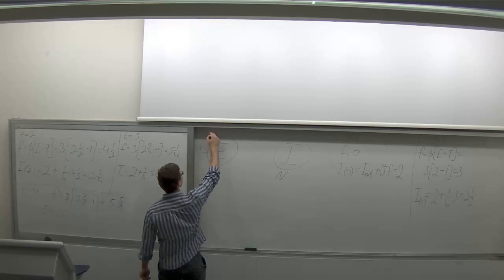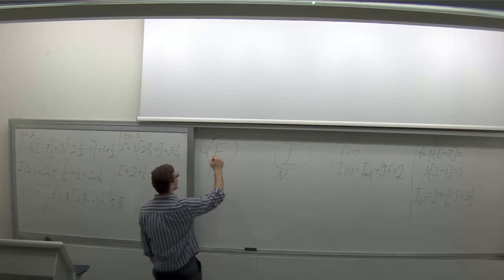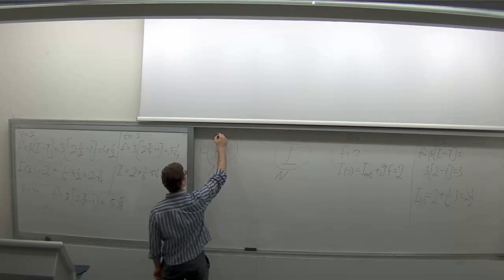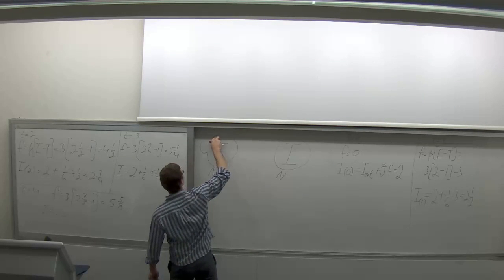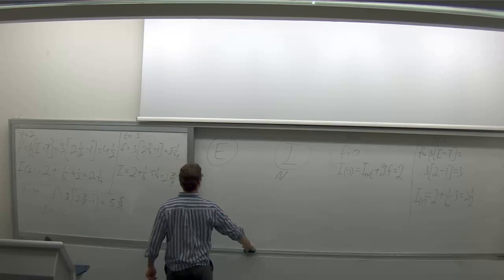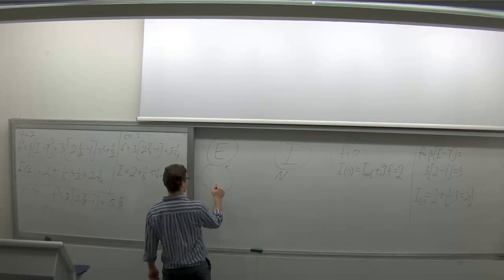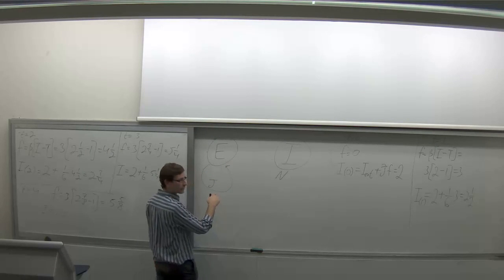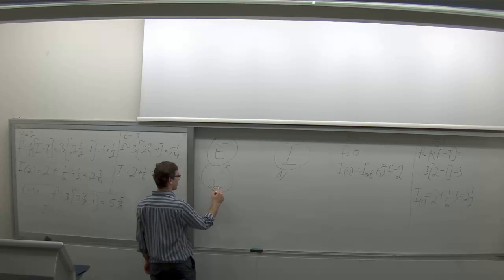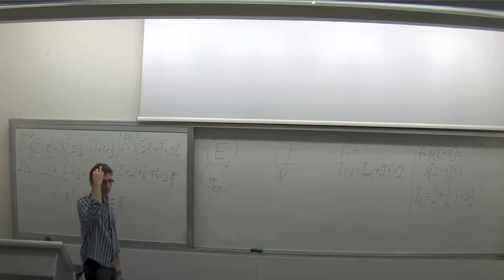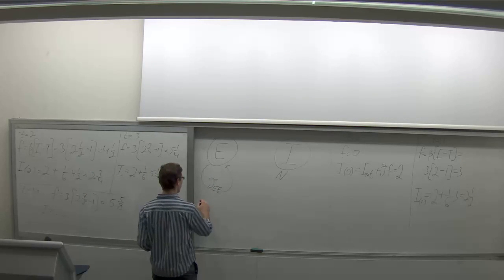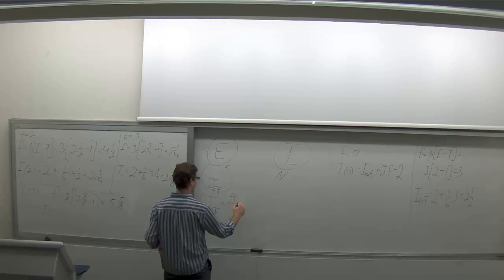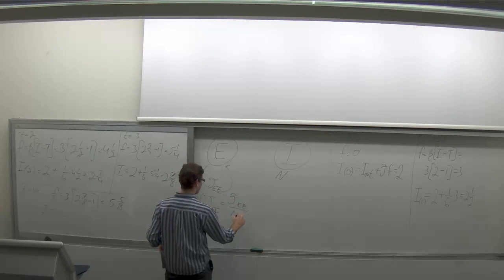From excitatory to excitatory, I have some strength J_EE. This is just marking the strength. This means there are connections, and the strength is some J tilde EE. And I remind you, this is going to be normalized by n minus 1. So J_EE is J tilde EE over n minus 1.